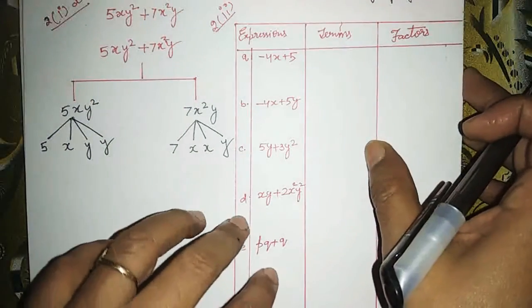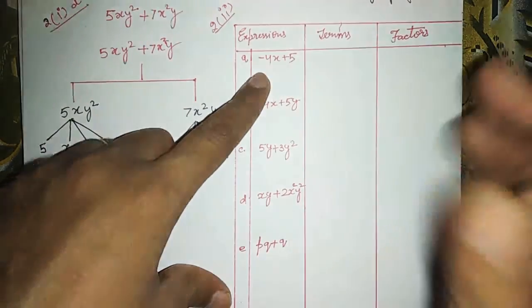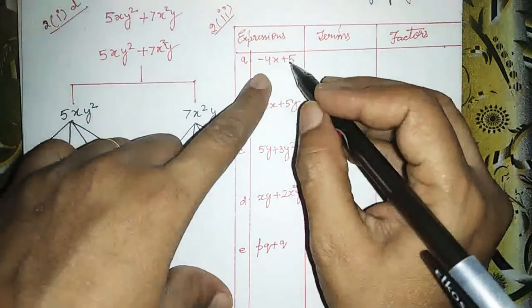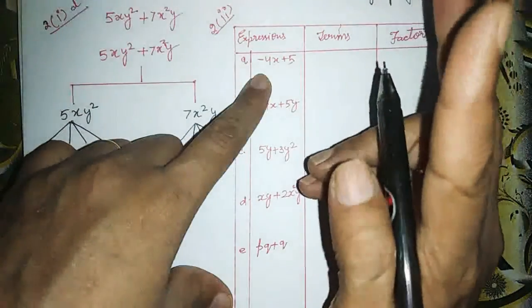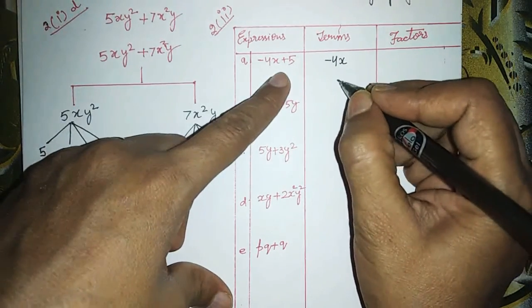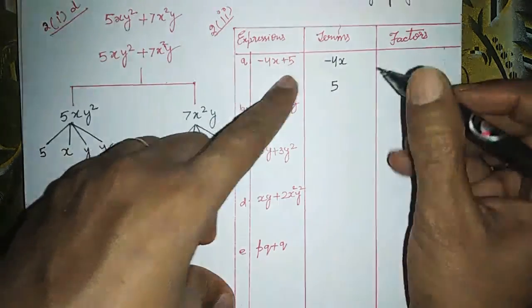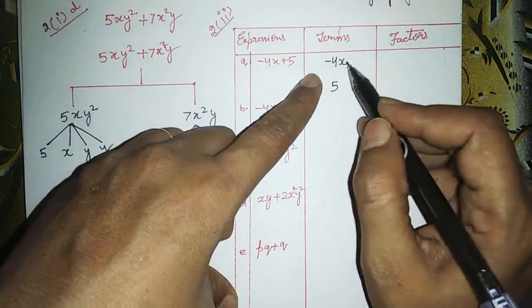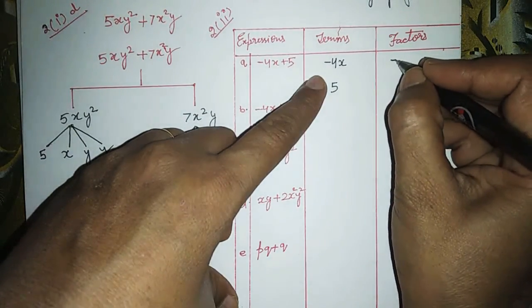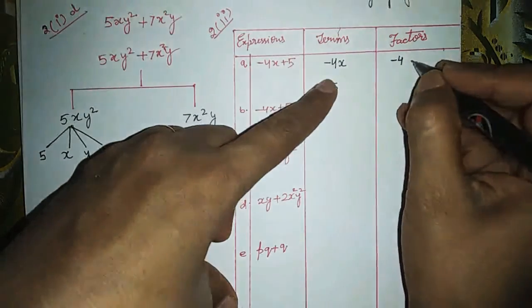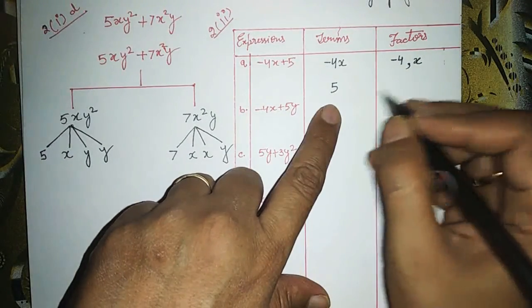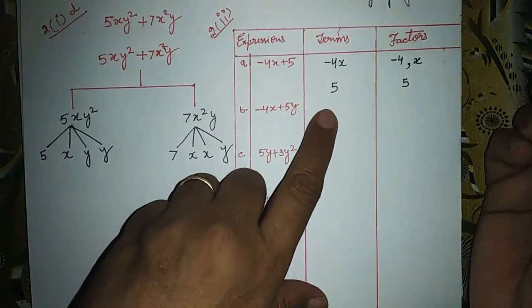Now see the first expression. Here the first expression is minus 4x plus 5. Children, here we can see 2 terms. The first term is minus 4x and the second one is 5. Now we will write factors of the term minus 4x. Here the first factor is minus 4 and the second factor is x. Now for 5 we will write 5 only.